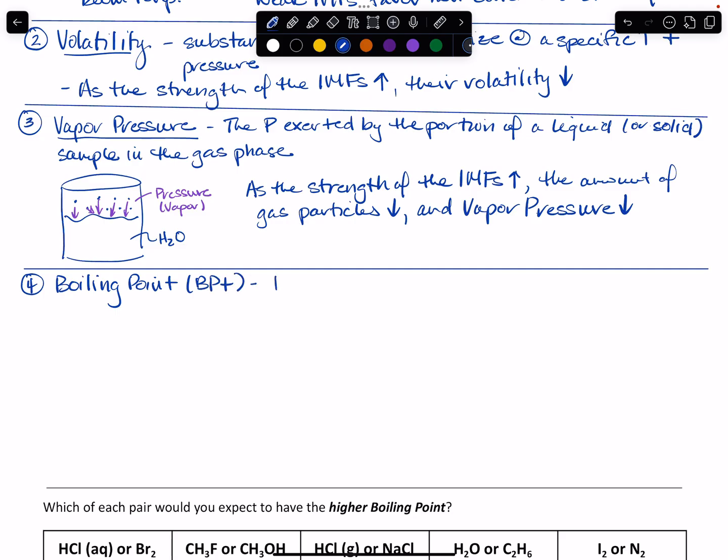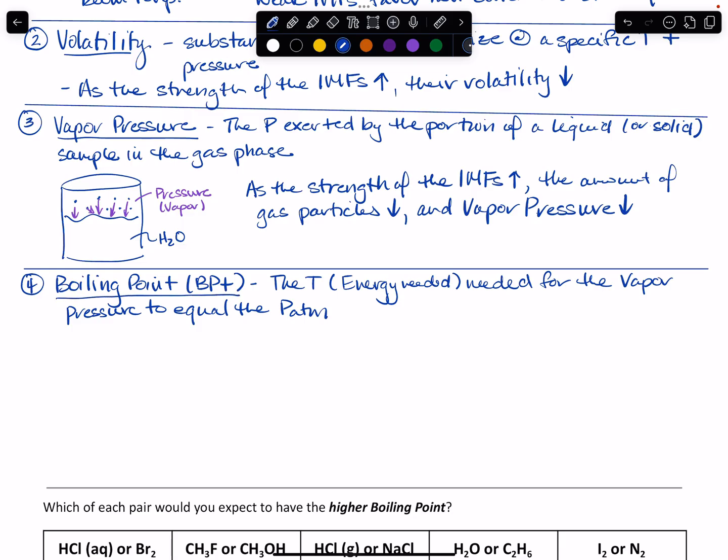And boiling point is the temperature, which is the energy that is needed for the vapor pressure to equal the atmospheric pressure.